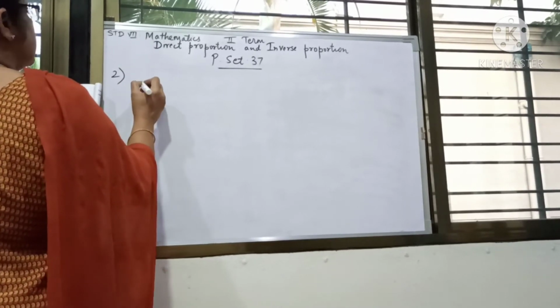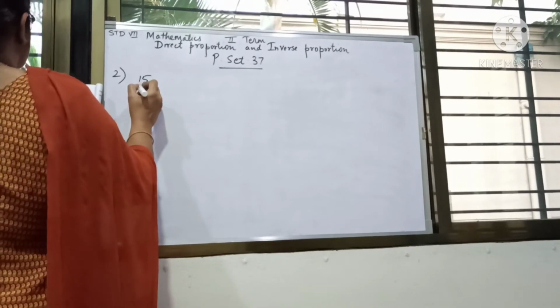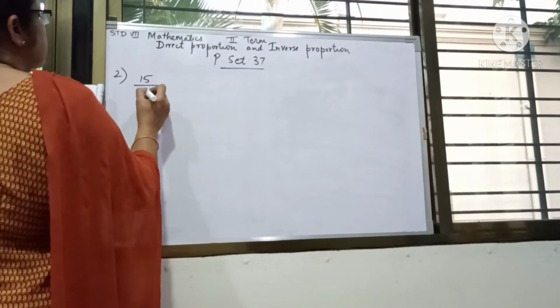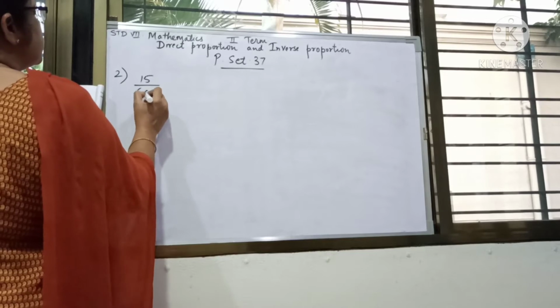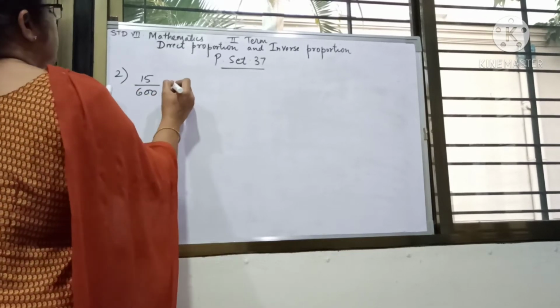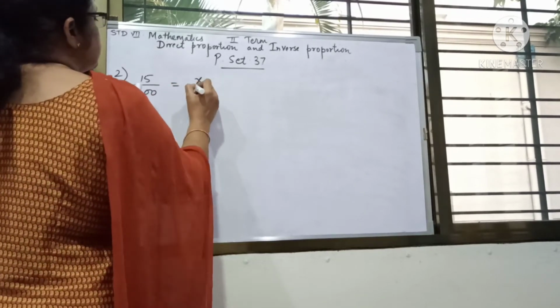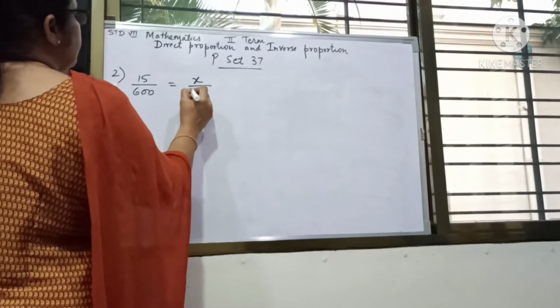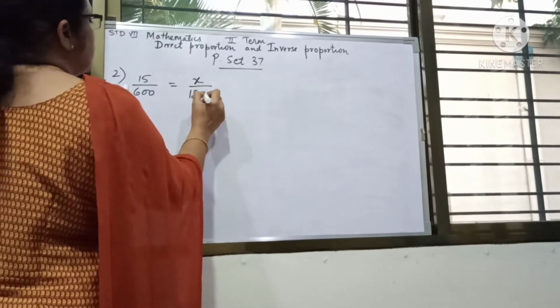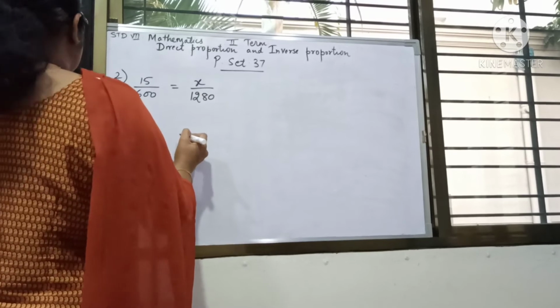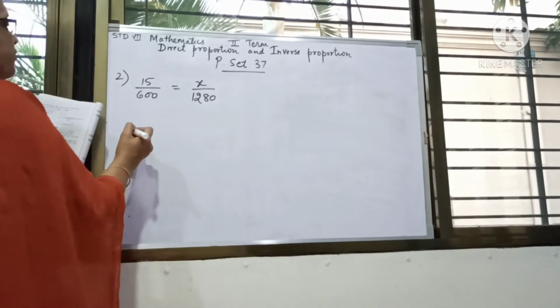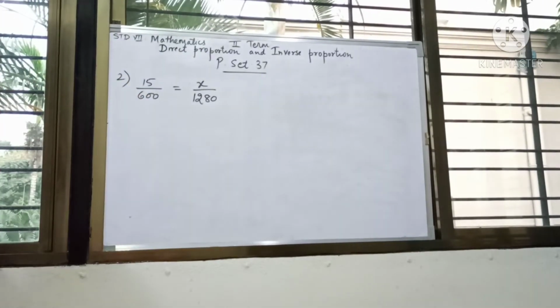Fifteen bunches can be purchased in 600 rupees. How many bunches will be purchased if we have 1280 rupees? So we will do the cross multiplication.